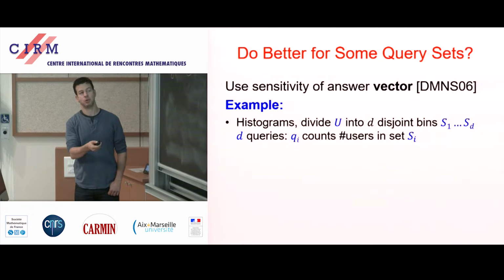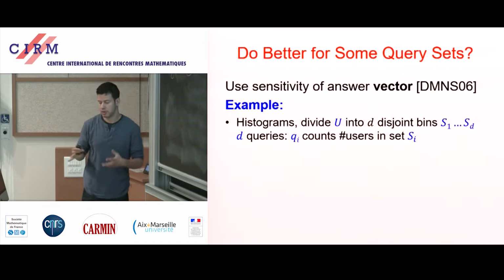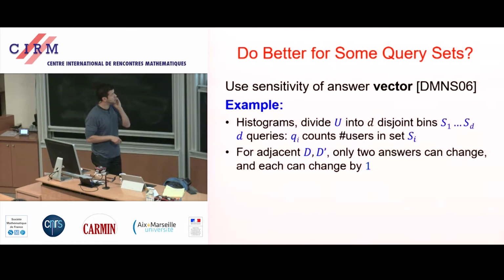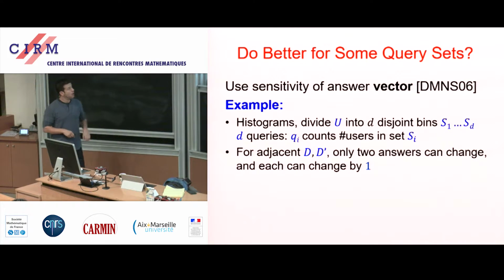And here we have D queries in total. We want to know the number of people in each and every one of the bins. But now the observation is that for two adjacent databases, that only differ by one person's information, only two of the answers can change.